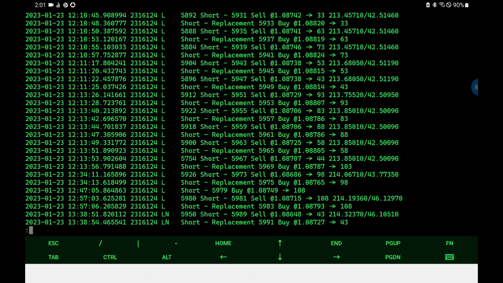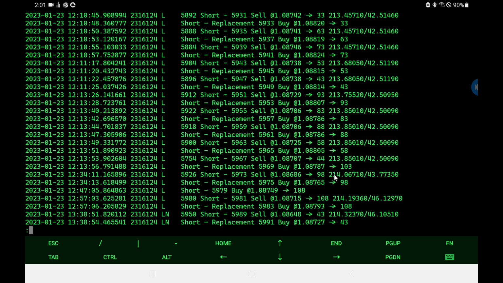Okay, we have another market shift where the market just went against me a little bit, but then it goes back in my favor. And you can see with the last one, we started out at 212 and it's already up to 214.